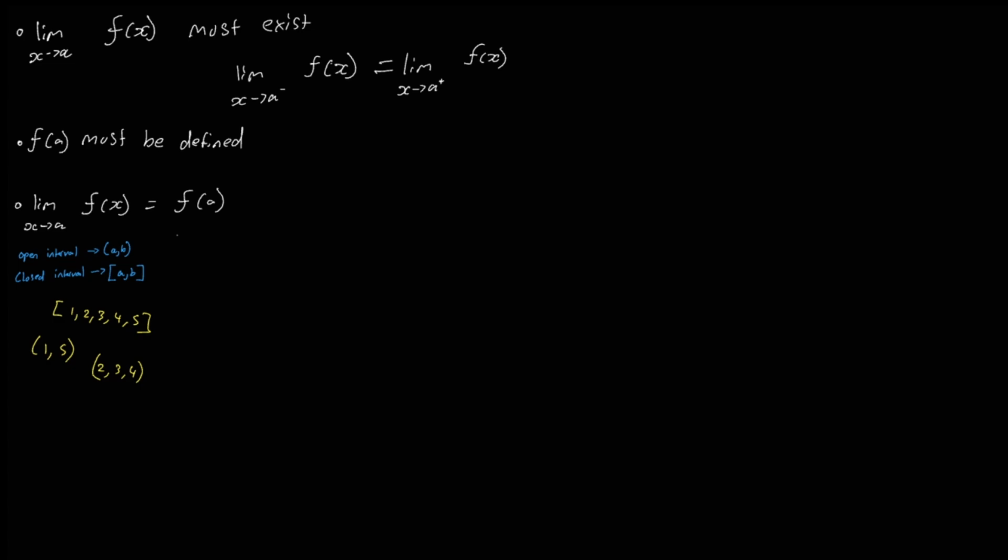So at these points, 2, 3, and 4, the function would be continuous. Now, if we say we have a closed interval at 1 and 5, it then becomes continuous at 1, 2, 3, 4, and 5.